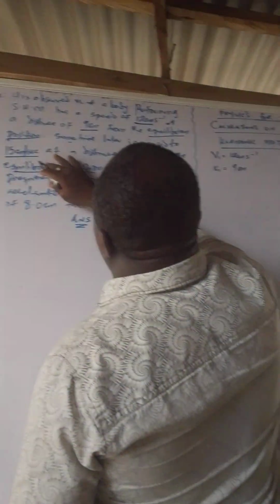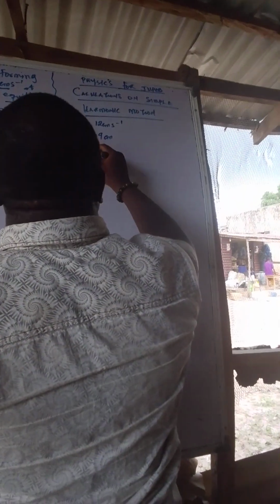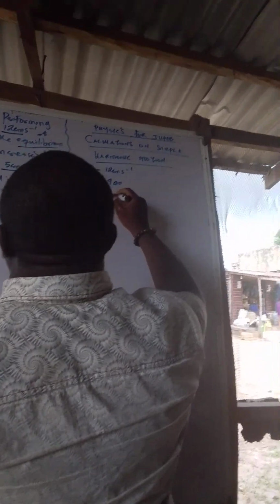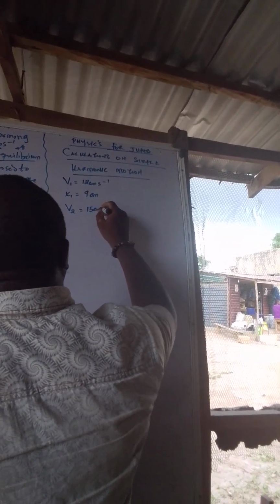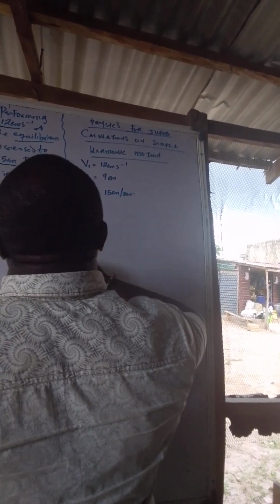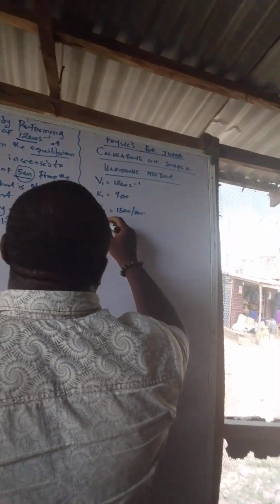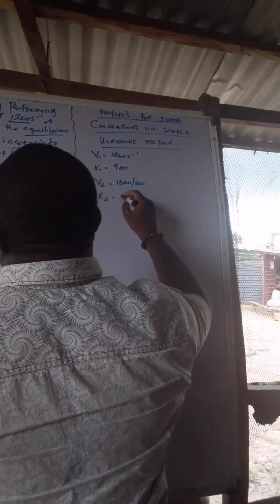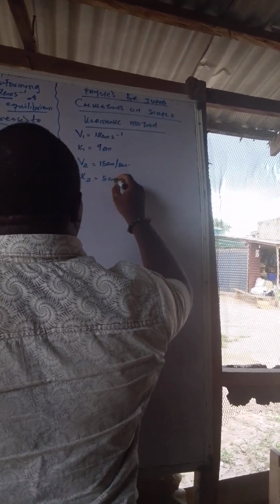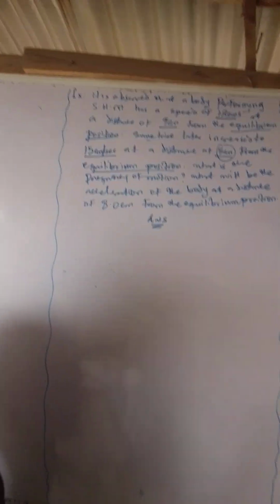Sometime later it increases to 15 centimeters per second; take this as V2, which is 15 centimeters per second. Then at a distance of 5 centimeters, that is x2. x2 is 5 centimeters. I think you understand.